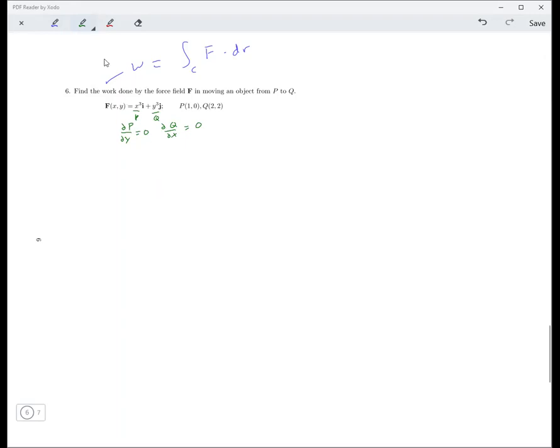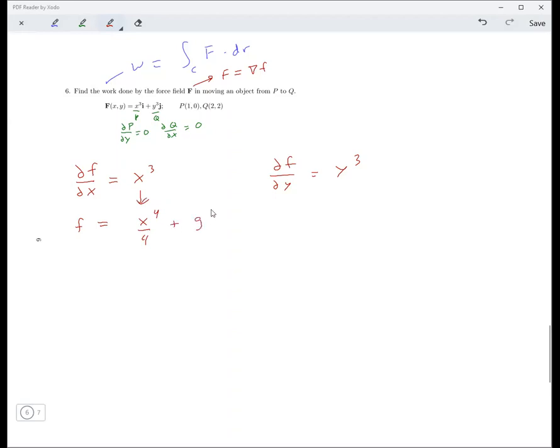So what you want to do is F is equal to the gradient of some function f. The partial of that little f with respect to x is going to be x cubed, and the partial of that little f with respect to y is going to be y cubed. So this means that f is going to be, you want the partial with respect to x to be this, so x to the 4th over 4 works.